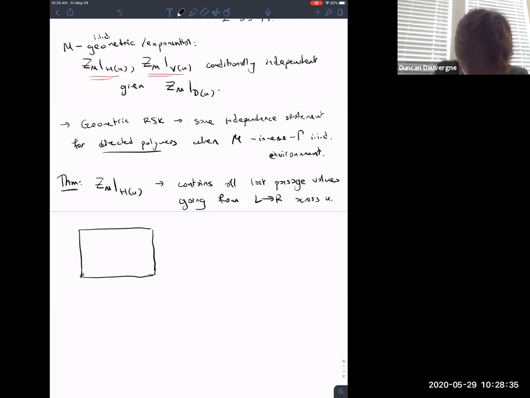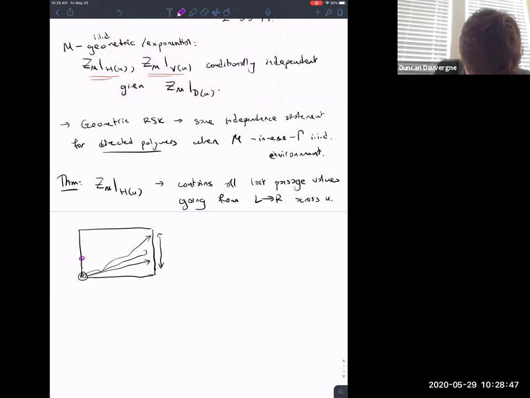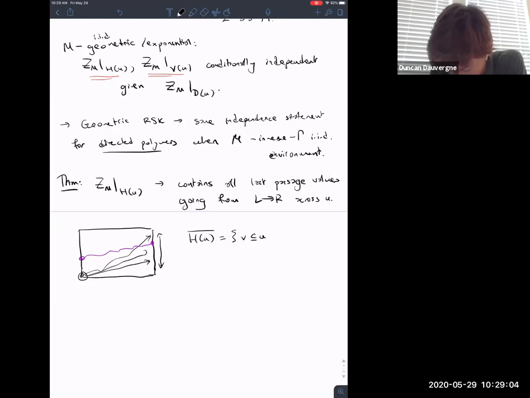Let me state this a bit more explicitly. Zm restricted to H of U is all your multi-path last passage values starting at this bottom corner. But if you change your starting point, the last passage value, say from here to here, is also contained in Zm restricted to H of U. So a bit more formally, I can write H bar of U, which is going to be the set of boxes V contained in U, where V and U have the same columns.